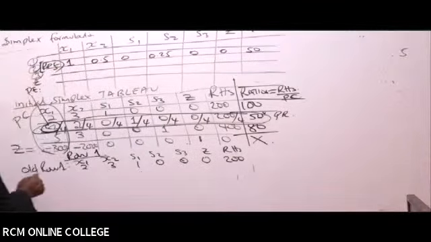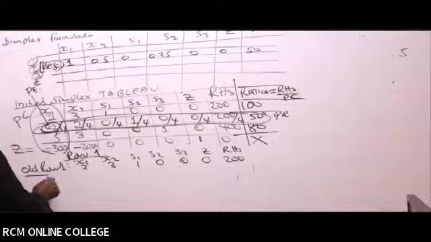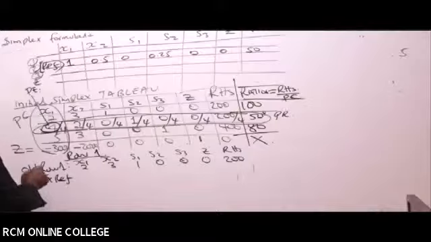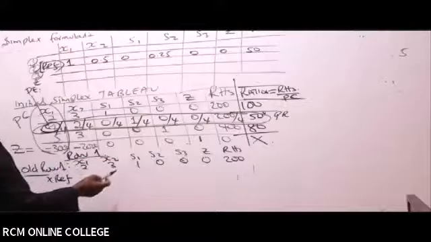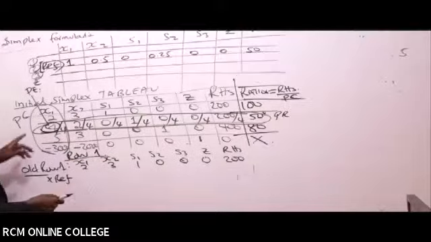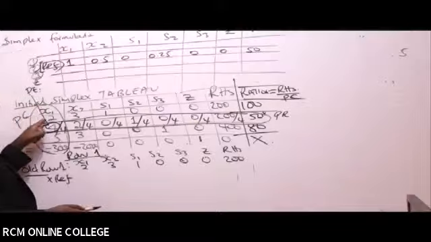Then I'll come and say the row reduction, the big minus, something times reference. What is this something that I'm going to pick? To know, I will identify where the pivot column is. You can see the pivot column is in X1.